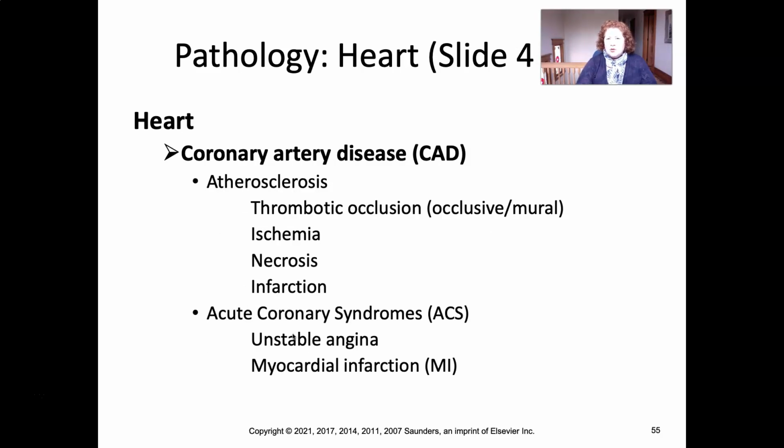So you could have coronary artery disease, which is caused by atherosclerosis. It can be because of an occlusion, a thrombotic occlusion, which has to do with clots. It can be due to ischemia, which is the lack of blood flow, necrosis, which is a death of tissue, or infarction, which is that heart attack.